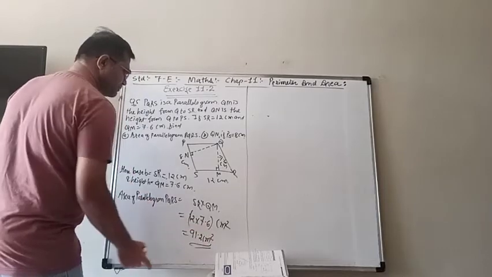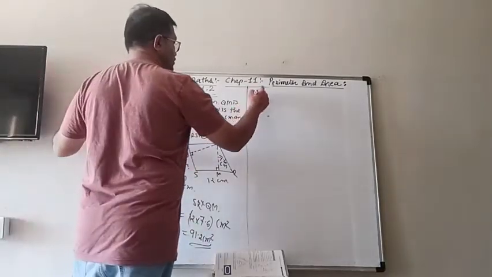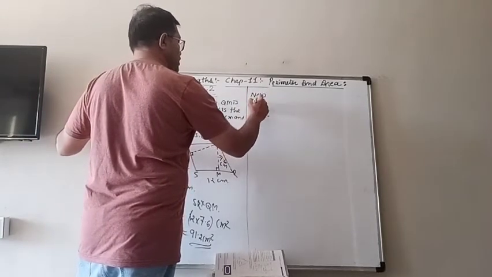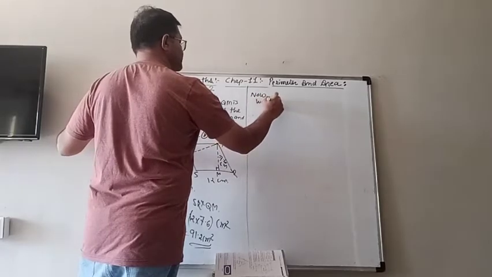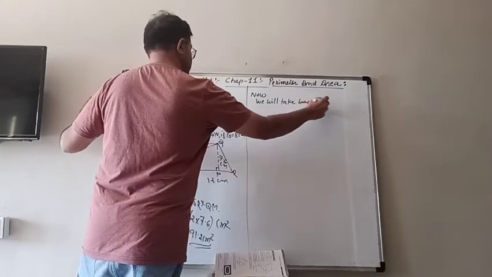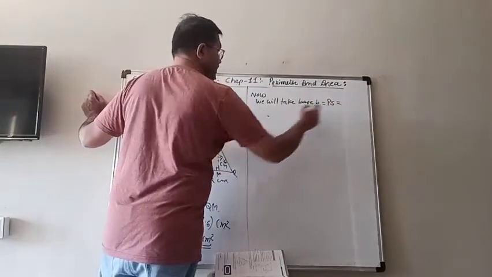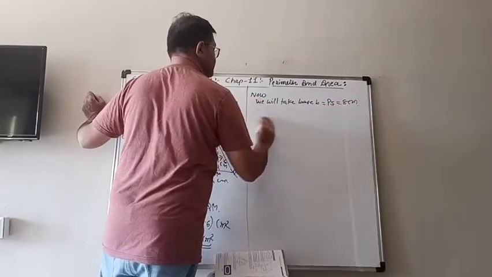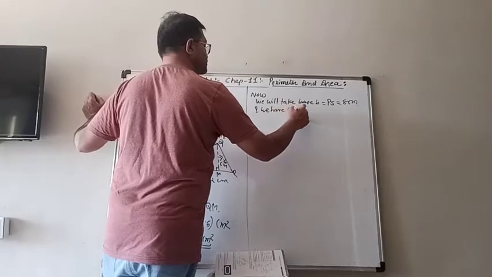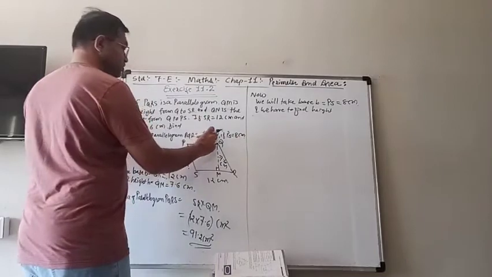Now we will use the same area to find the other height. So now we will take base is PS, that is given 8 centimeter, and we have to find height, that is QN.